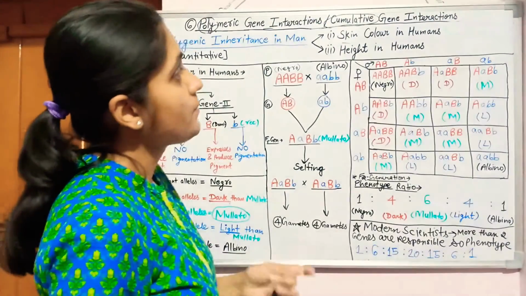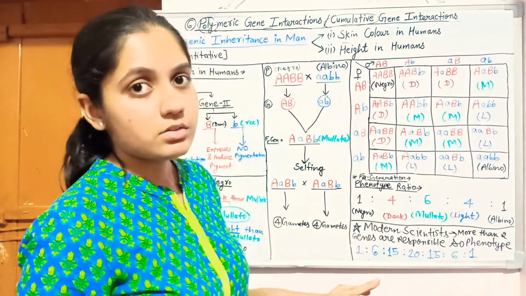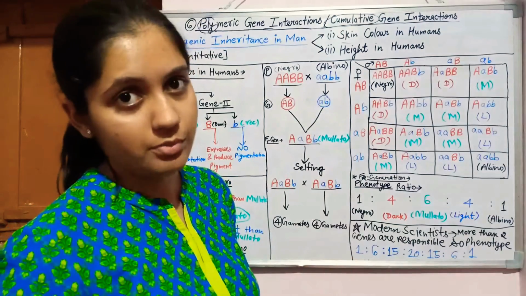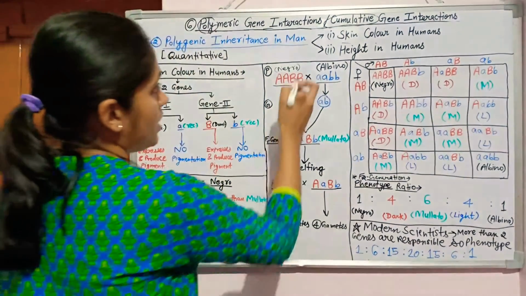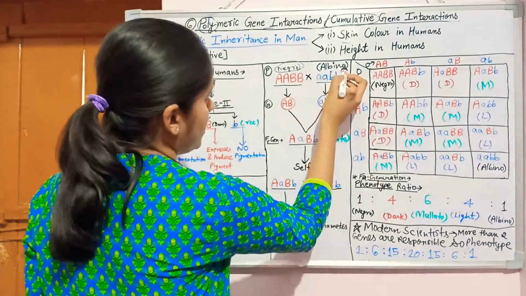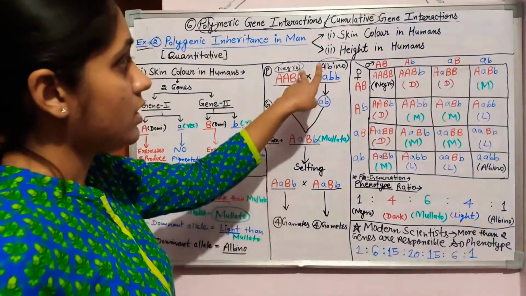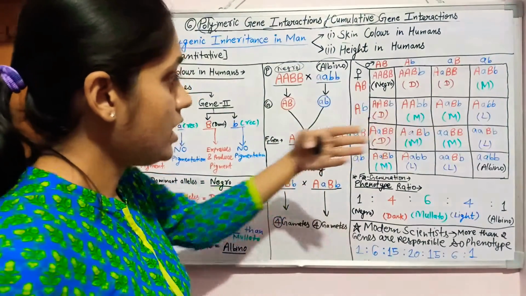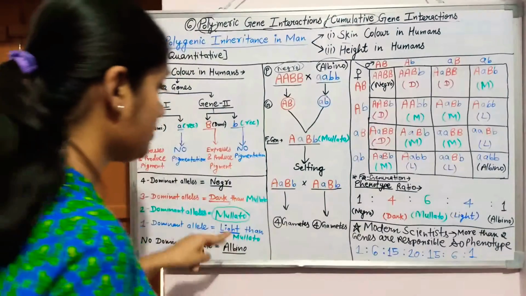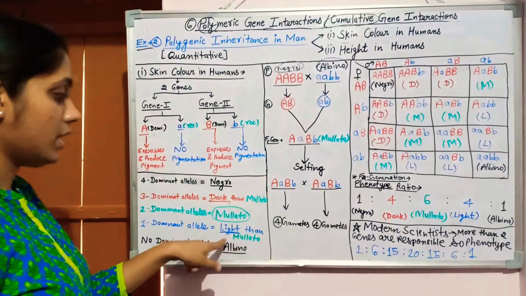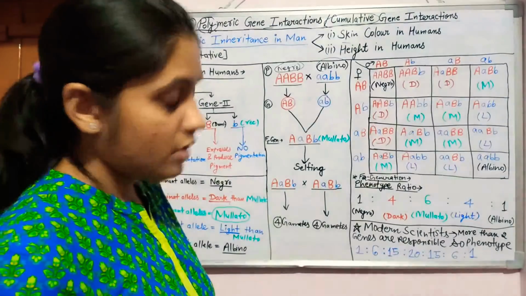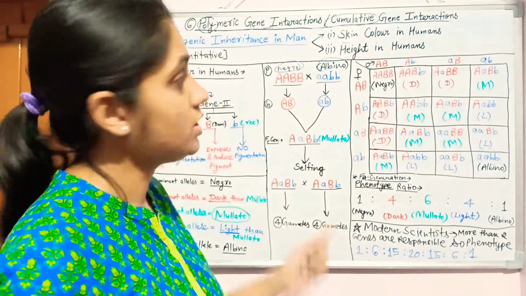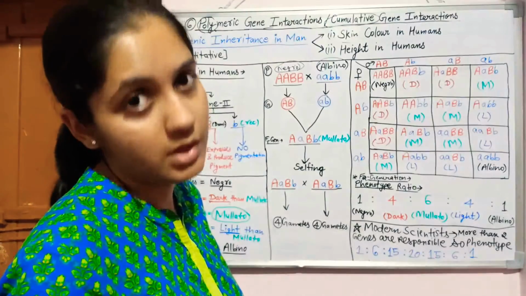The skin color has not only two contrasting forms. In humans it can be negro or albino, but between the two many colors are present, like mulatto, darker than mulatto and lighter than mulatto. Because of the very large range of characters, it is known as a continuous character, continuous variations.